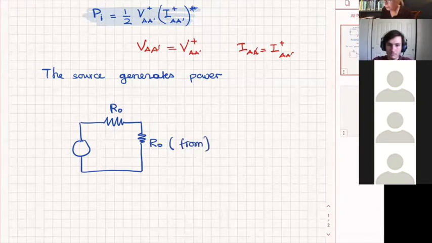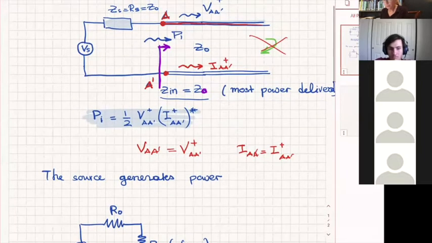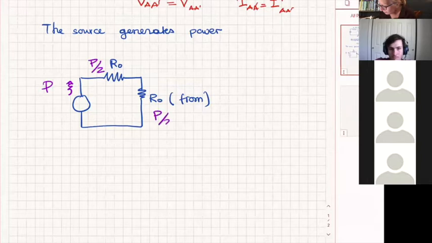The input impedance to the line at this point is Z0. Do you see that? Therefore, we have this. So half of the power, if the source generates power, half of it goes here and half of it is dissipated here. Do you agree? Yes.